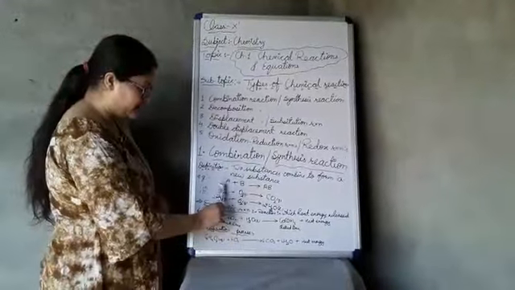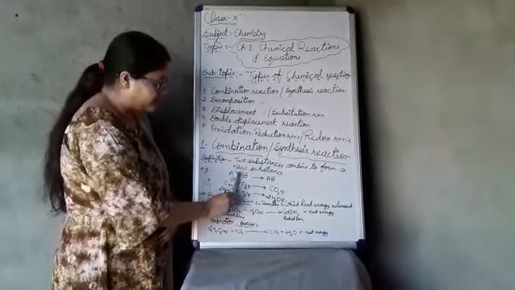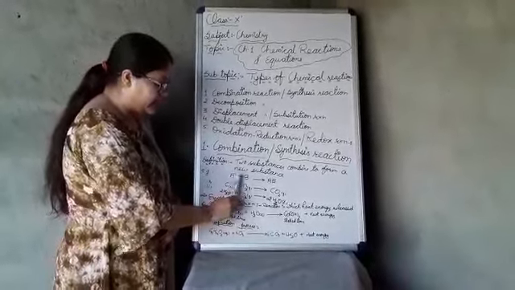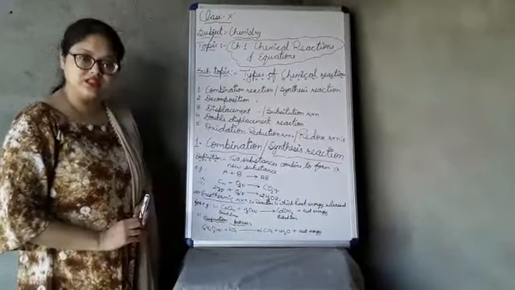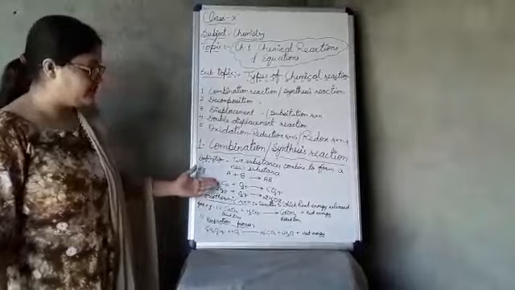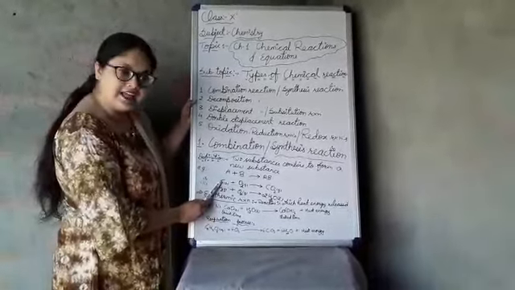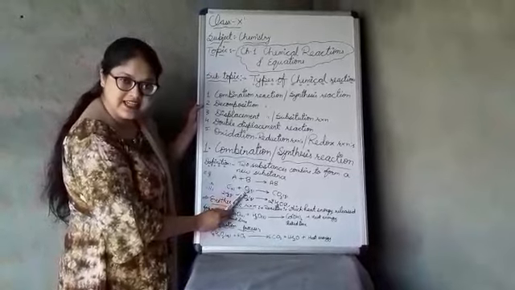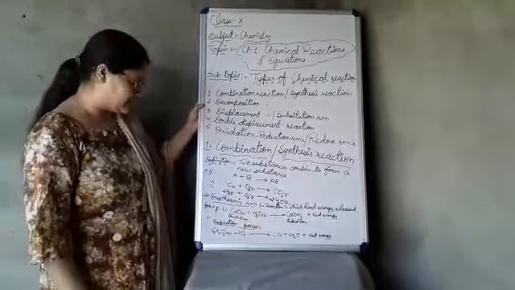For example, let's take a general example. When A reacts with B, or when A combines with B, it will form AB, a new substance. Here we will take some common examples. When carbon element reacts with oxygen gas, it will form carbon dioxide gas.